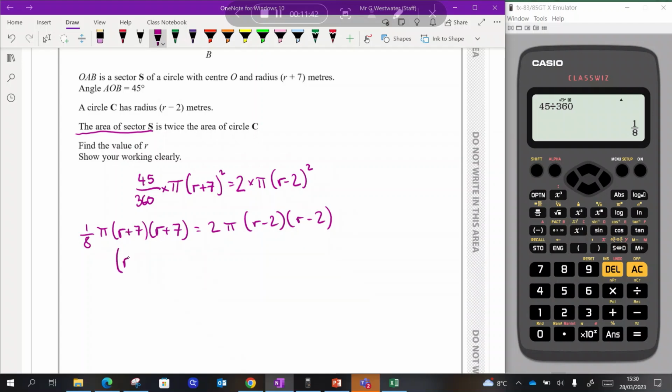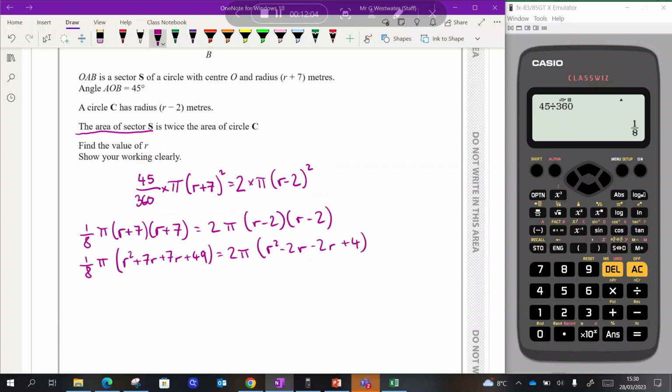So this is r squared plus 7r plus 7r plus 49. And over here, we've got the 2 pi and the 1/8 pi. R squared minus 2r minus 2r plus 4.